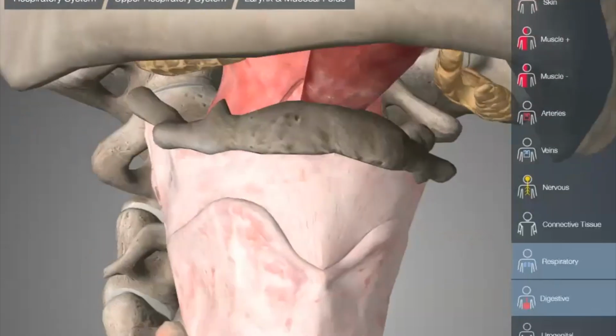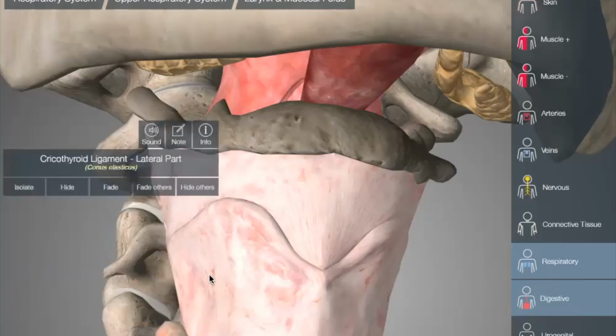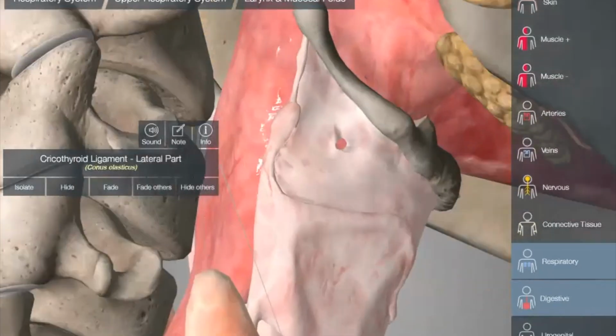Here you have the median cricothyroid ligament. But then intrinsic, they consider this as an intrinsic. It's called the cricothyroid ligament, and it originates from the cricoid cartilage and extends superiorly where it terminates with a free end in the upper margin, like this.